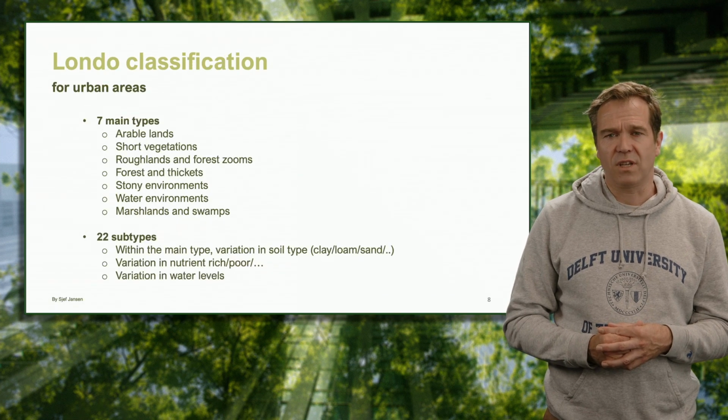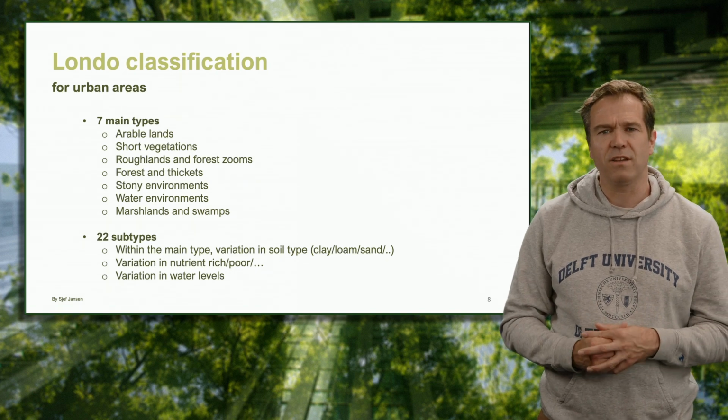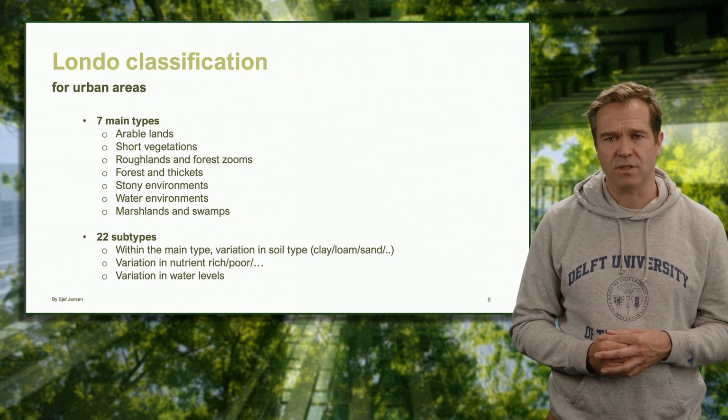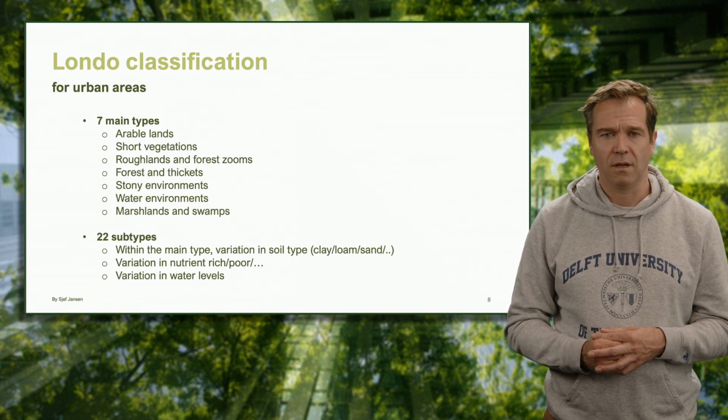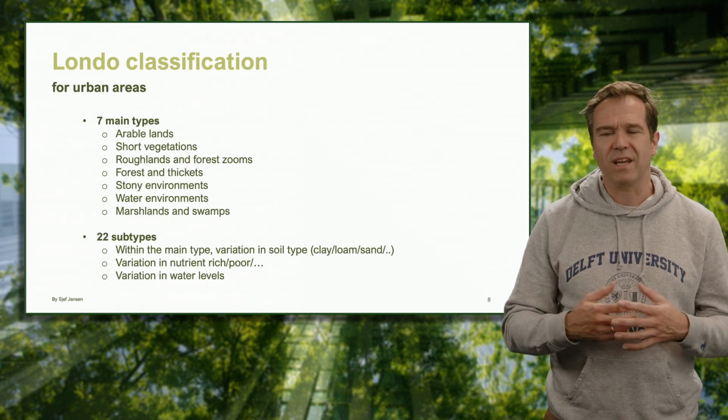The Londo classification is a very useful way for urban areas in many places in the world. In this classification there are 7 main types and 22 subtypes. For your local situation, see what fits and adjust where this is required.